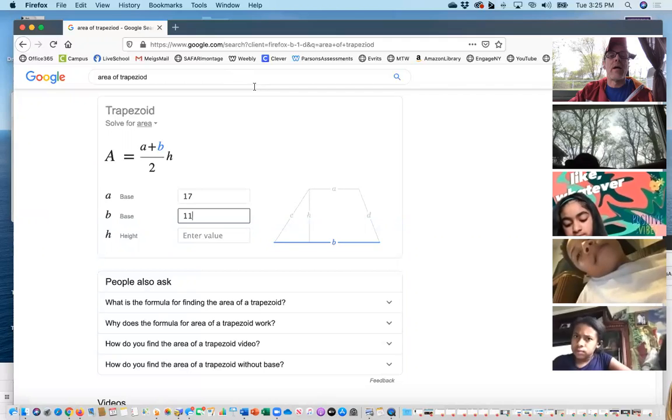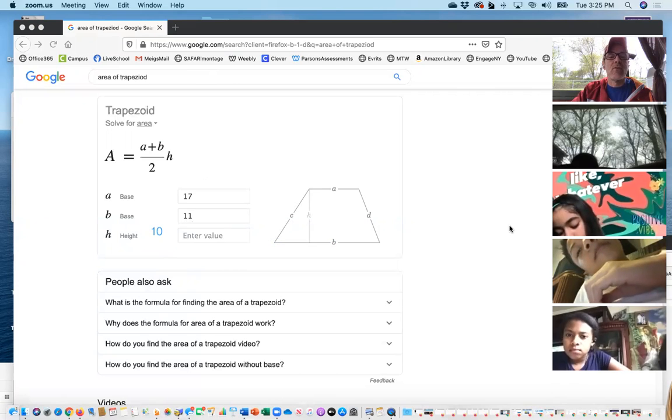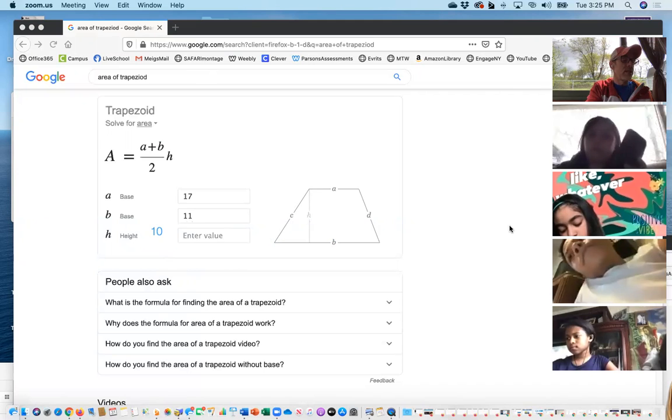It's on the screen. I'm typing it on the screen right here. And it's 10 high. I can't type it in here because it'll put the answer. Let's see here.